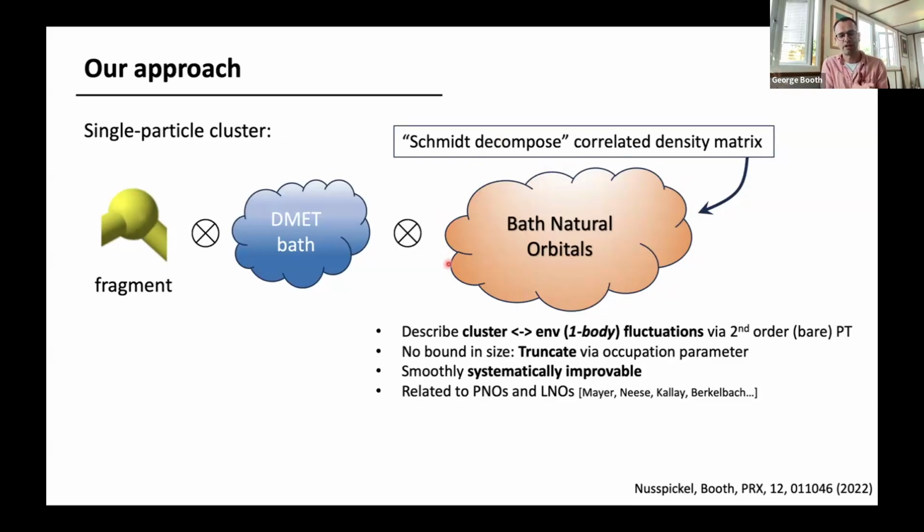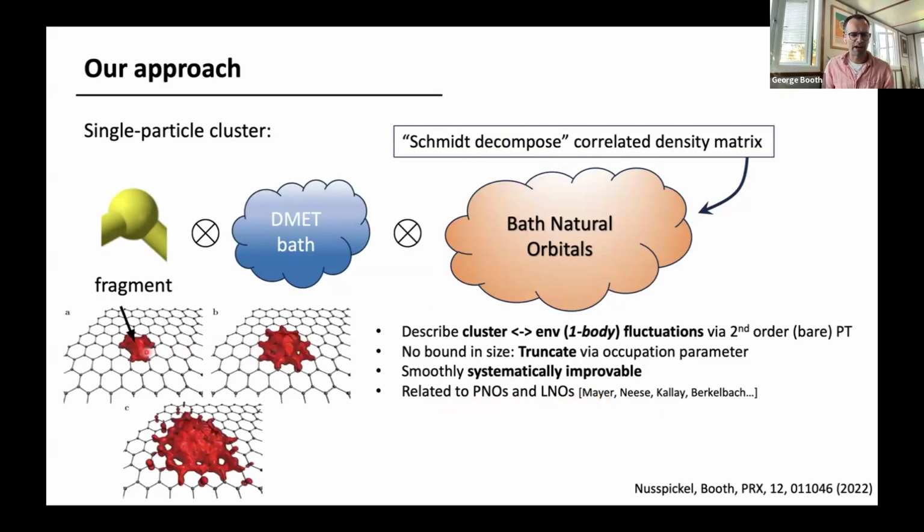And by truncating that, we can get a systematically enlargeable auxiliary model or cluster space that we can converge in principle to exactness. And this is related to a number of ideas that go back to ideas of local quantum chemistry by a number of people going way back to the 70s.